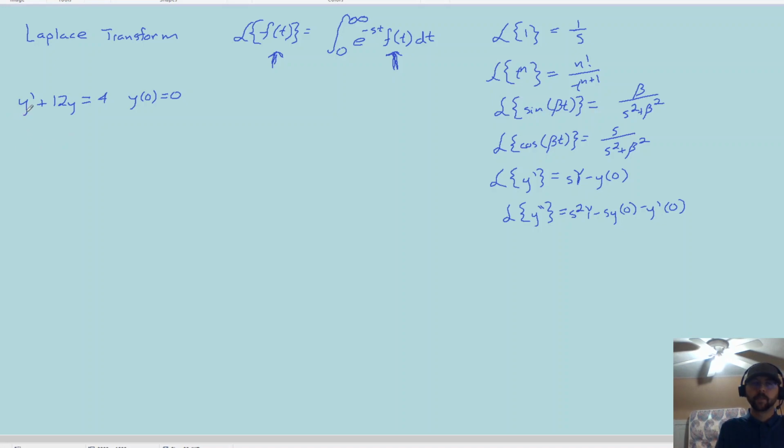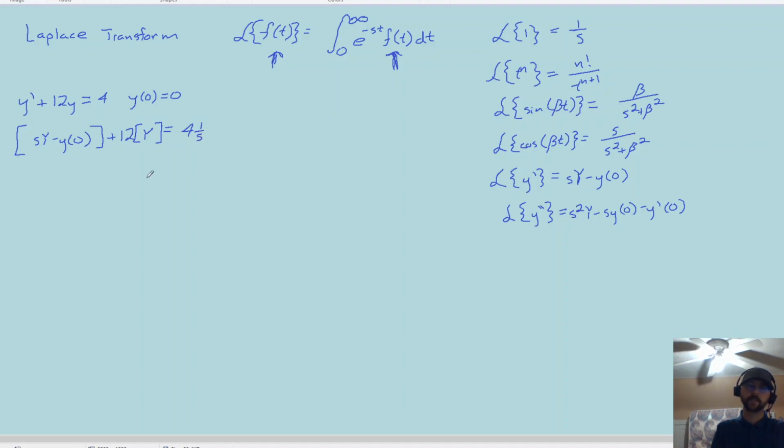So the Laplace of y prime is s big Y minus y of 0, plus 12 times the Laplace of y, which is big Y, equals the Laplace of 4, which is best to think of as 4 times the Laplace of 1, because you memorize the Laplace of 1. So it's going to be 4 times 1 over s.